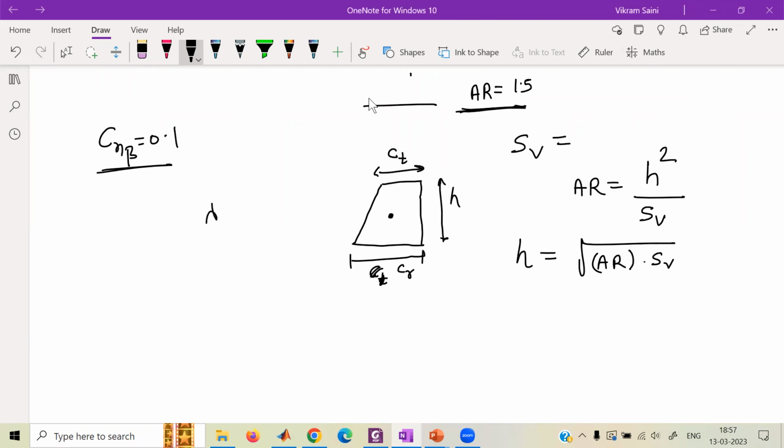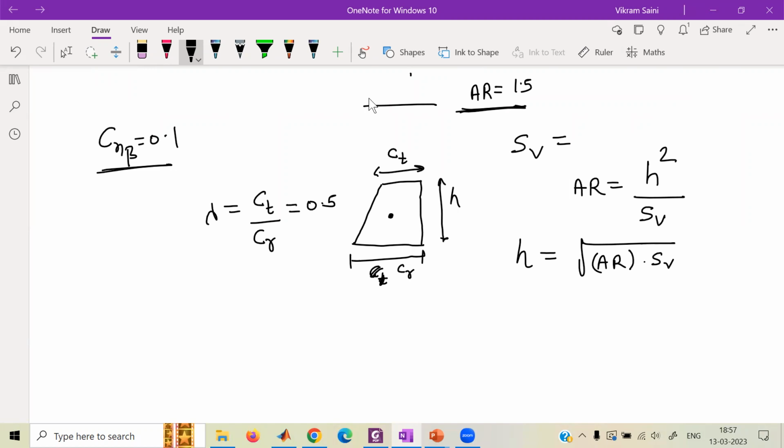Taper ratio is defined as tip chord divided by root chord, and in this case a reasonable number would be 0.5. This CT should be half of what CR is. Now that relation is given to you. Now find out what CT and CR are.